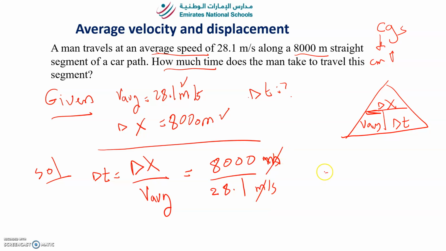Meter and meter cancel. The final unit should give you second. If I calculate 8,000 divided by 28.1, it's around 284.7 seconds, or I can round it to 285 seconds, which is fine.